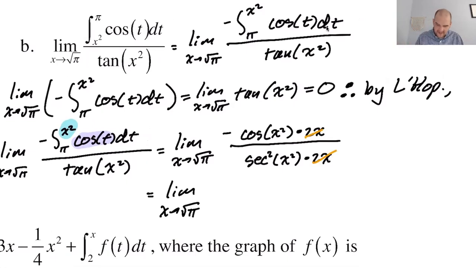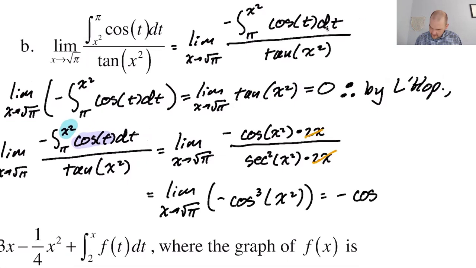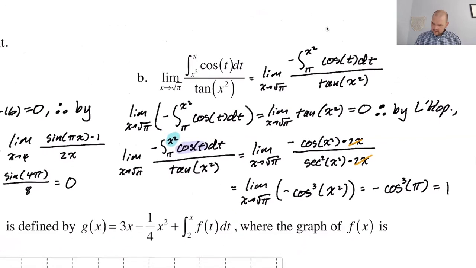So this is really overall just negative, I say just as if we didn't have to do a lot to get it, but it's actually this. This is the negative of the cosine cubed of pi, because radical pi squared is just pi. Cosine of pi is -1. Cube it, you get -1, times the negative is +1. Wow.